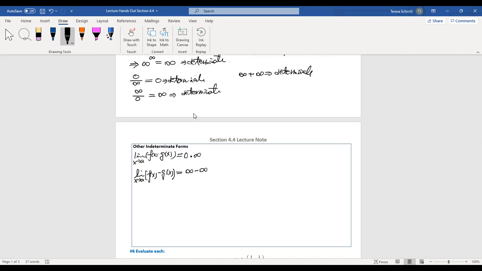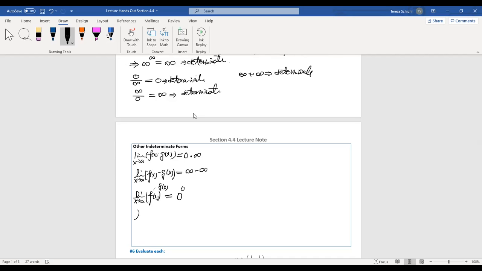Now let's take a look at another one. This is the limit as x approaches a of f(x) with exponent g(x). If the limit is 0 to the 0 power, those are indeterminate, okay?